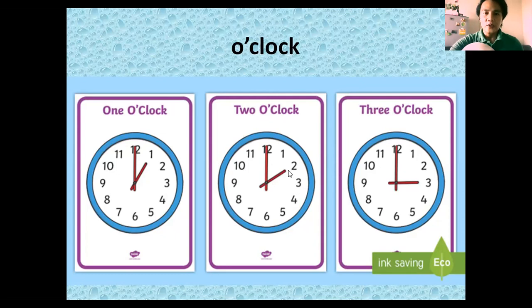And the last one, 3. You have to read the short hand first, 3, and then the long hand, o'clock. 3 o'clock. Again, 1 o'clock, 2 o'clock, 3 o'clock.